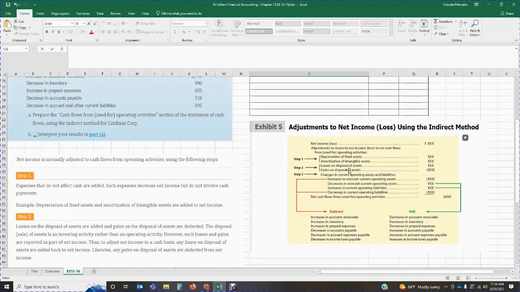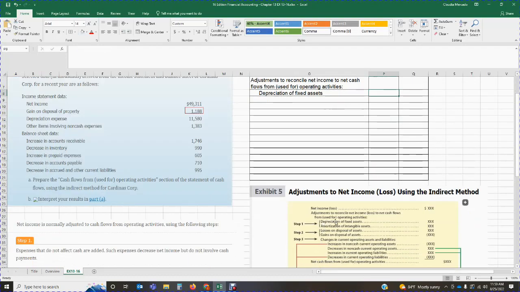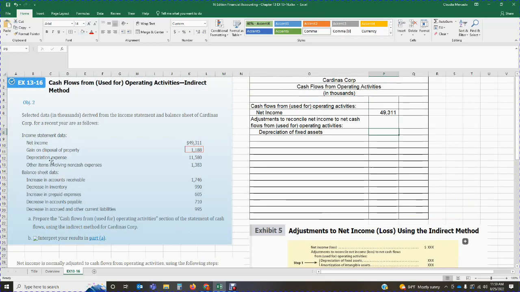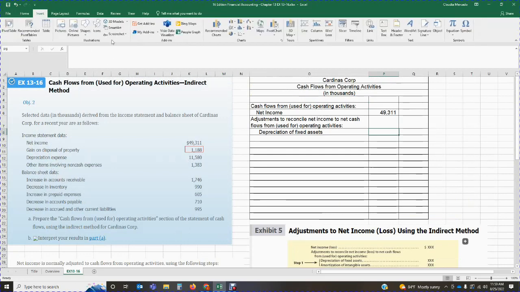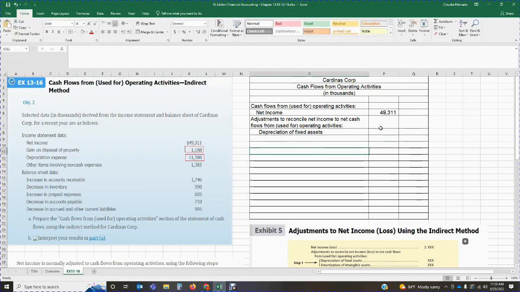Depreciation is a positive number, so we're going to add that dollar amount. We have depreciation expense of $11,580. We're going to add that to our balance over here, $11,580.